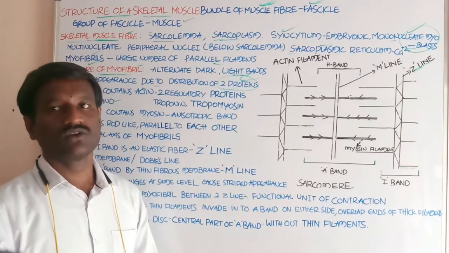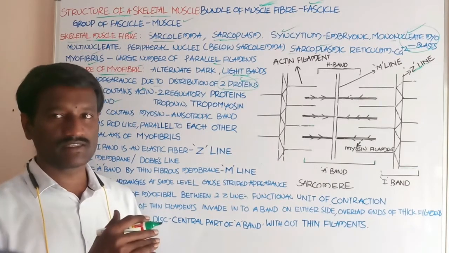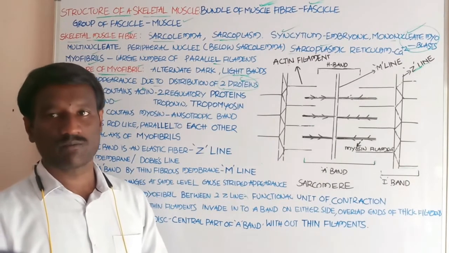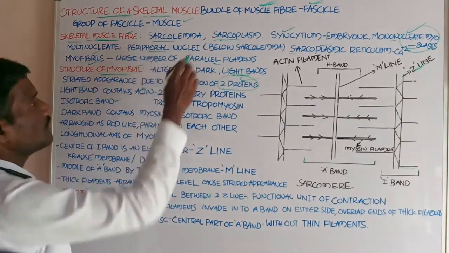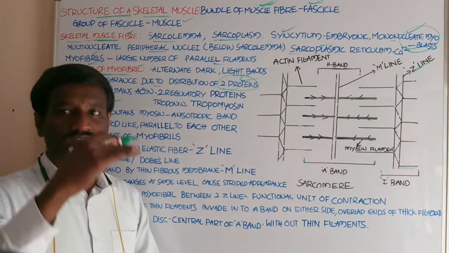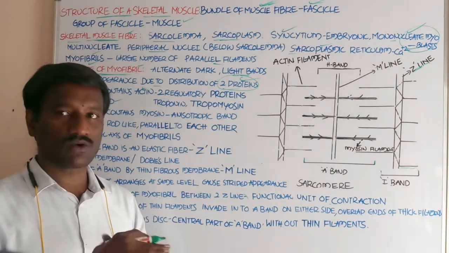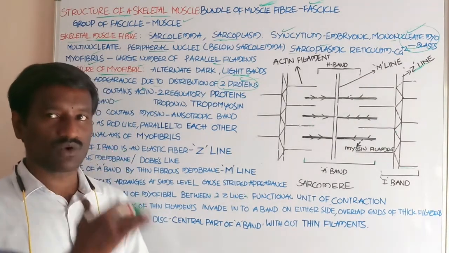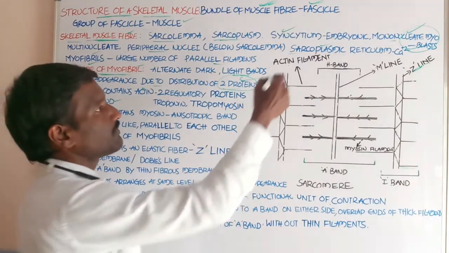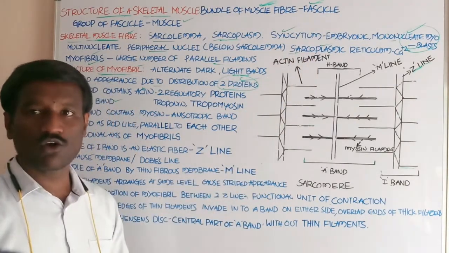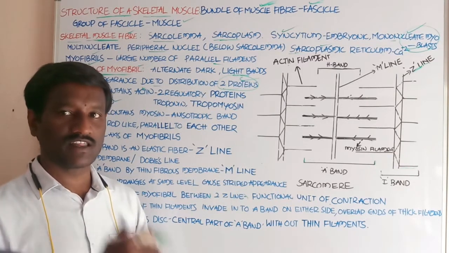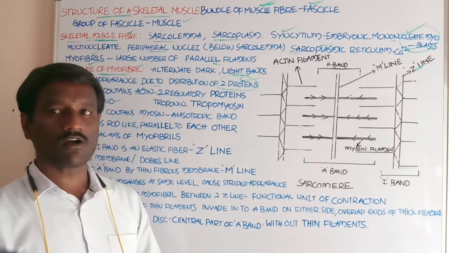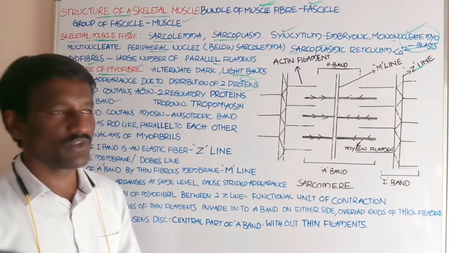Because of this it shows many nuclei, and the peripheral nuclei lie just below the sarcolemma. The endoplasmic reticulum present in the muscle fiber is called the sarcoplasmic reticulum.